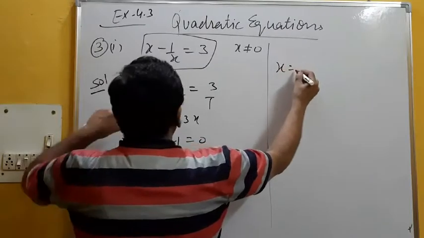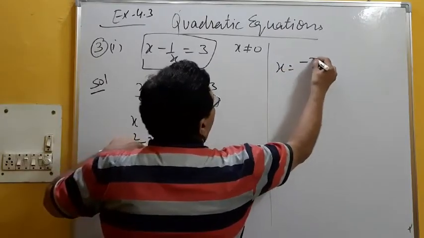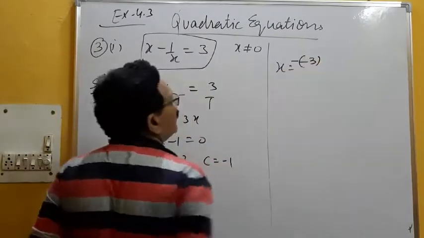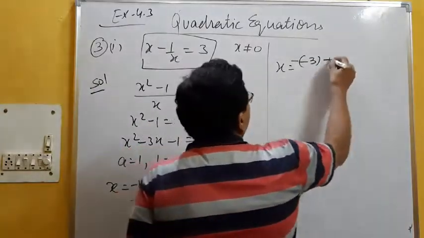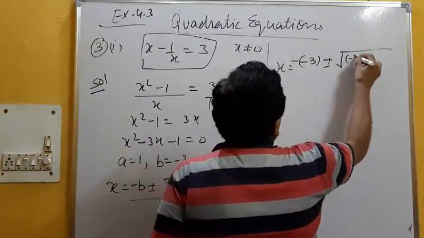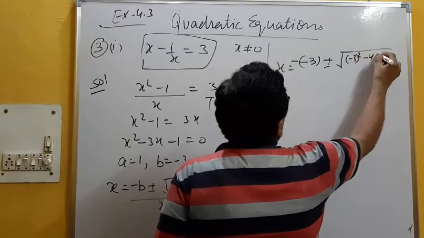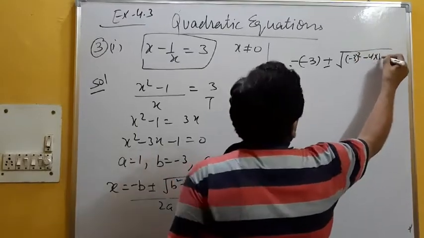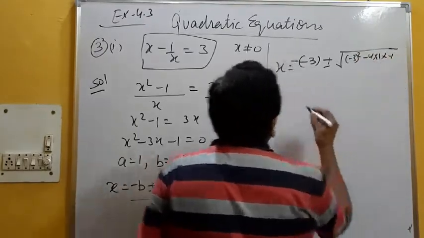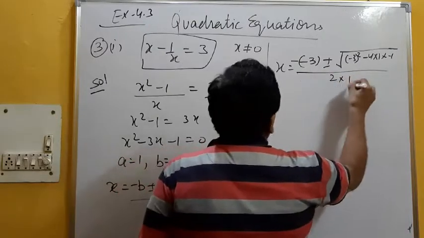x, your b is minus 3. I already told you in the last question: minus of minus 3 plus minus root of minus 3 square minus 4 into 1 into minus 1, upon 2a, 2 into 1.